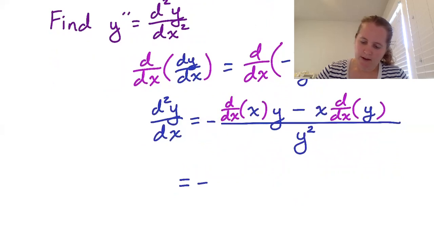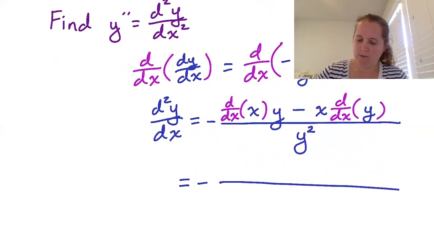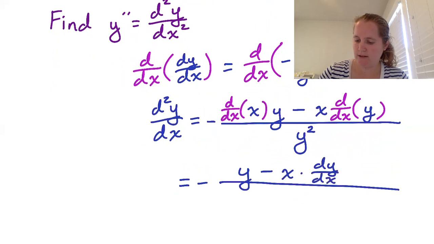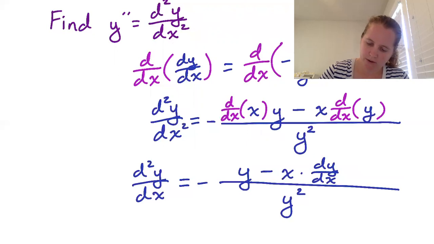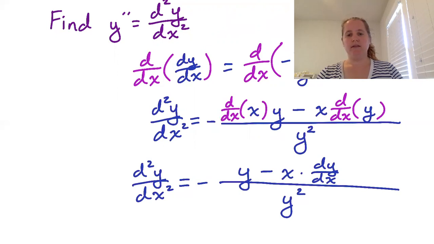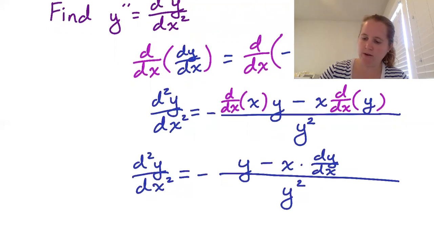This becomes negative, and then up top, the derivative of x is just 1, so we have y minus x times the derivative of y, which is just dy dx, all over y squared. And then, so we have d squared y over dx squared, oops, I forgot my squared earlier, is equal to negative y minus x times dy dx over y squared.